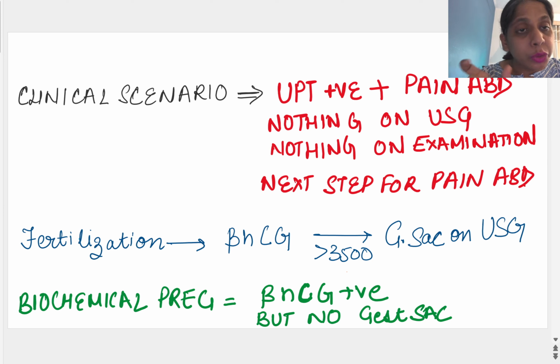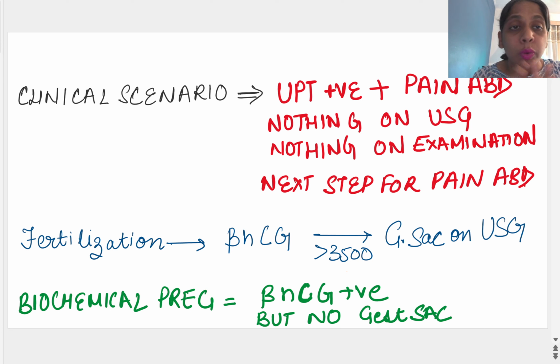That the patient's UPT is positive, at home or in the hospital, and the patient is having pain abdomen. Sometimes they say the patient also has spotting, but nothing can be diagnosed on ultrasound.